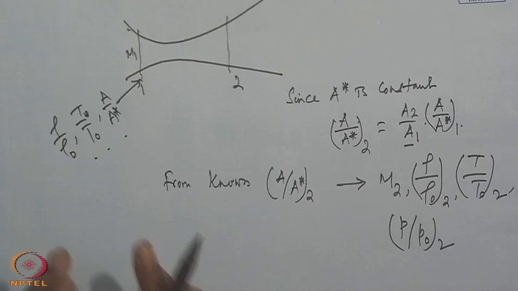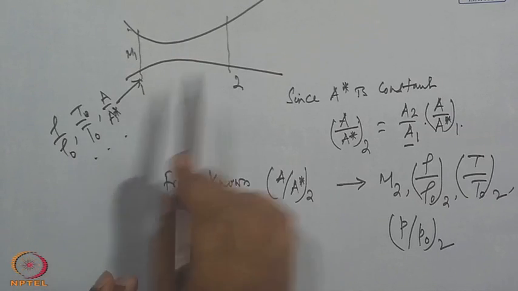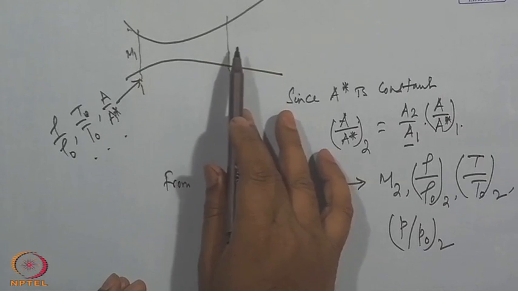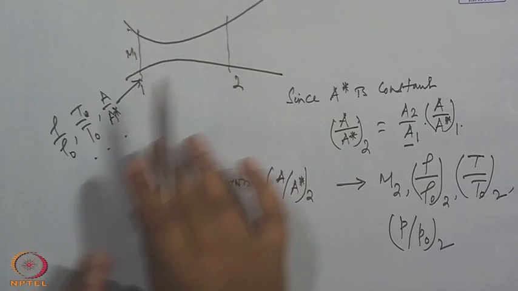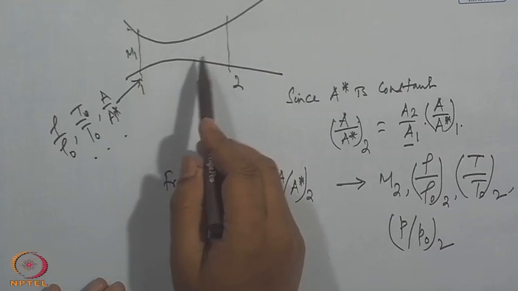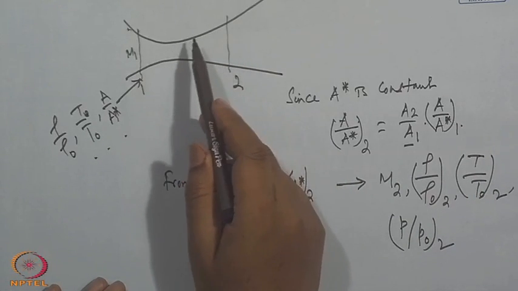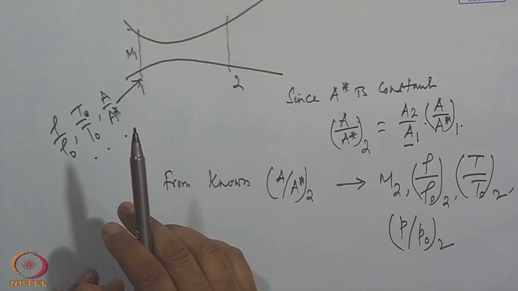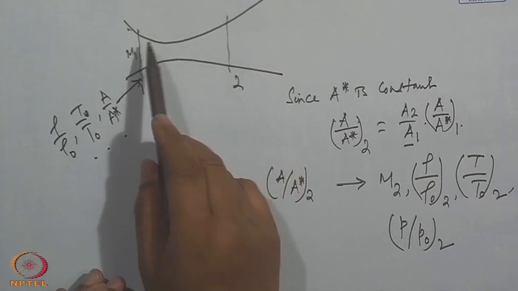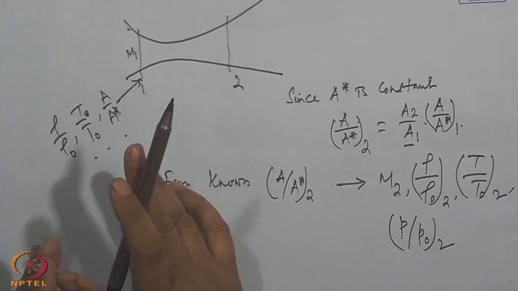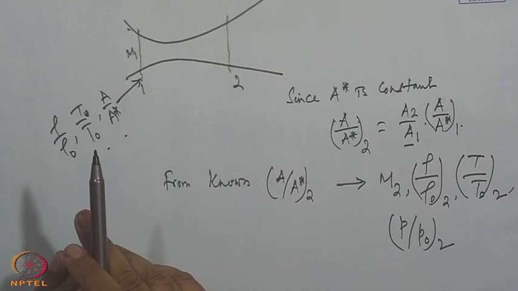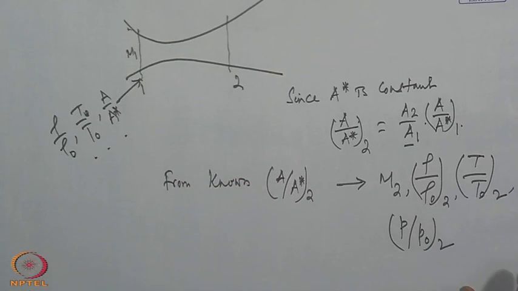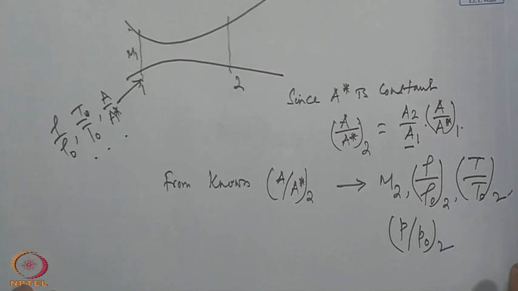So, the flow can be completely obtained if we know the area ratio through the duct, that is area ratio in terms of the throat area or the sonic area, and Mach number at any station. Subsequently, all other properties at any station can be evaluated by using these simple isentropic relationships or isentropic tables.